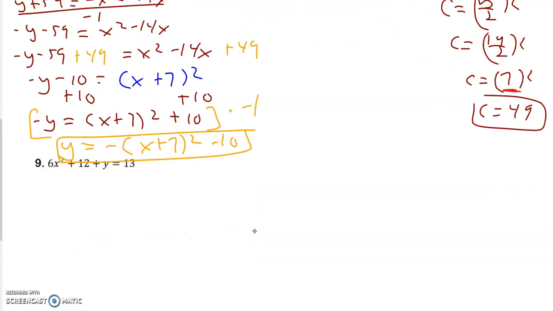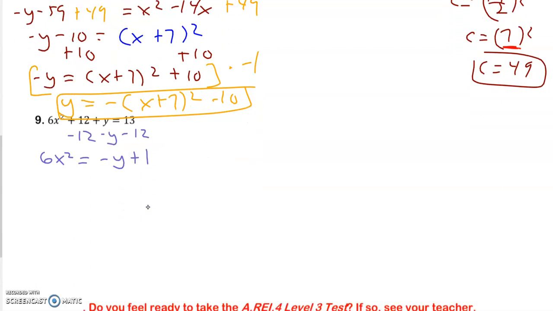Finally, for the last problem, I need to get x squared by itself, but I also know I need to get c. But I don't have a b, so this is going to be a different one. I'm going to minus 12, and I'm going to minus y. So when I do that, I get 6x squared equals negative y plus 1.